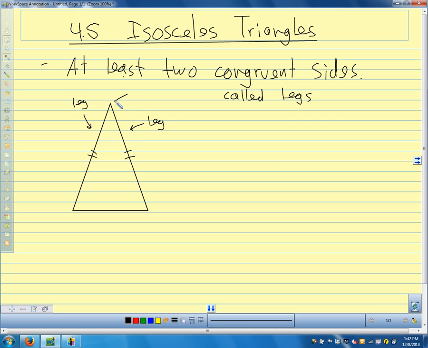We call this angle the vertex angle. We call this the base, and we call these base angles. So that's an isosceles triangle with at least two sides congruent.